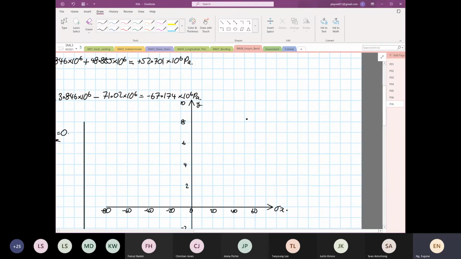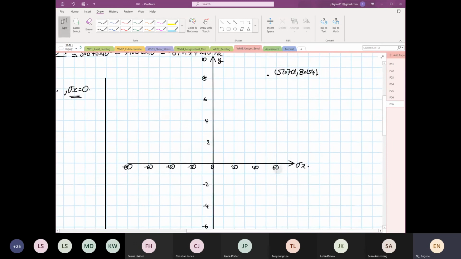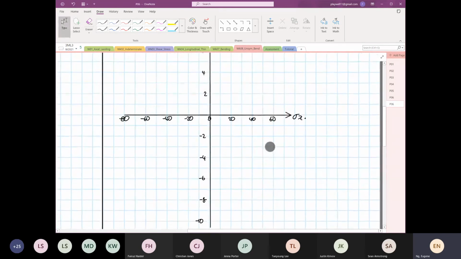I'm just eyeballing this. So this is 52.709 at 8.154, and this is one point. And then the other point is at 67.174.